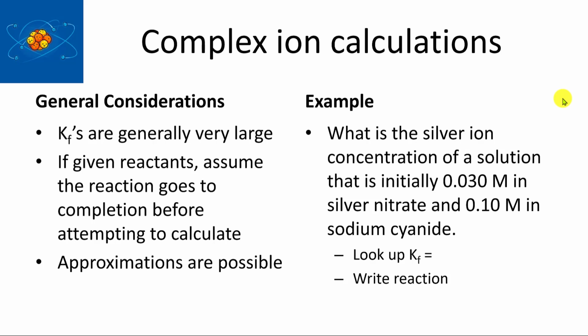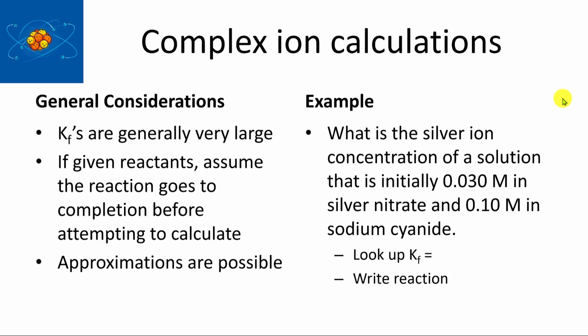And I'll sort of illustrate this with the number line example that I used earlier for Ksps, but in essence, we're working on the other end of the scale. So if you're given reactants, right, just like we did before, you'll go ahead and you'll calculate as if everything went to completion, and then calculate back to equilibrium.